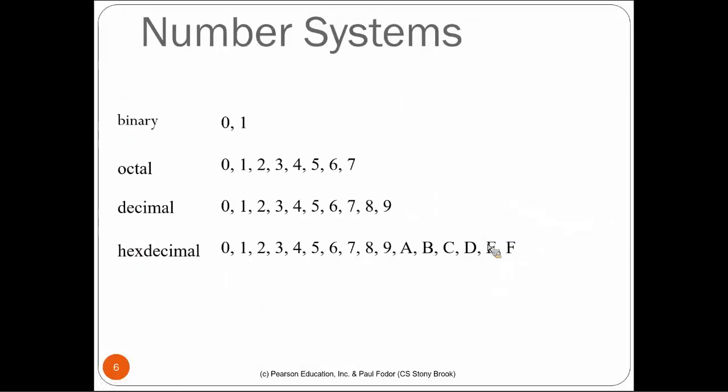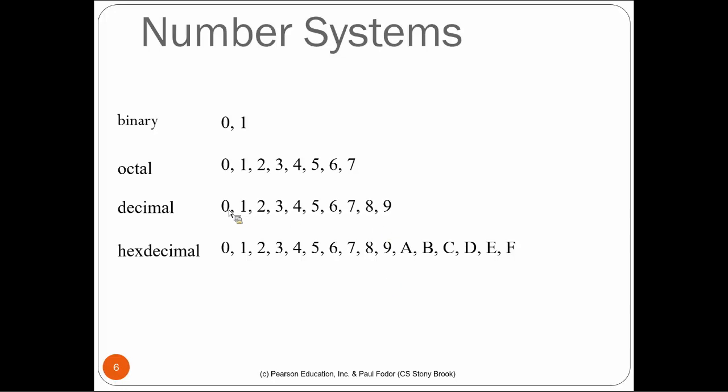number systems. Number systems are basically implementations of numbers in systems that have different bases. Basically, the number of digits in that number system is 2 for binary, 8 for octal, to symbolize the 8 numbers in that number system.